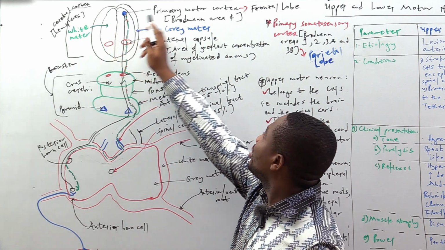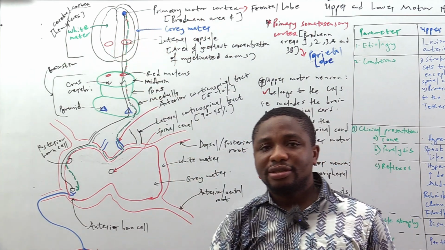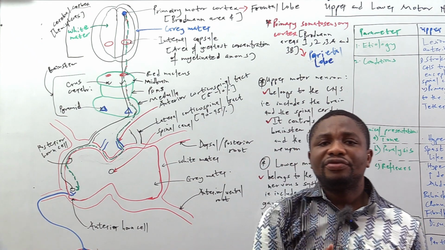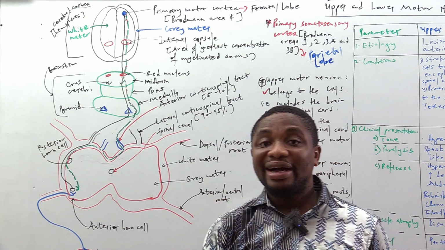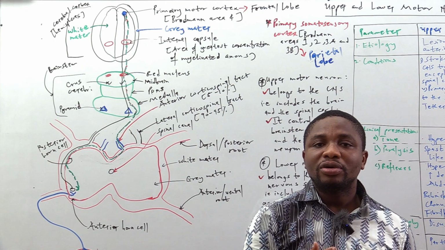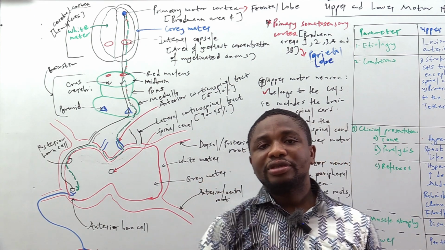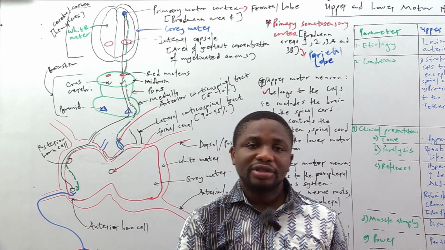Then, if you look up again, we have an area here. We call it the primary motor area, or what you call the primary motor cortex. When we talk about the primary motor cortex, that is where every motor impulse would emanate from. Then we should be asking ourselves, how can we locate the primary motor cortex?